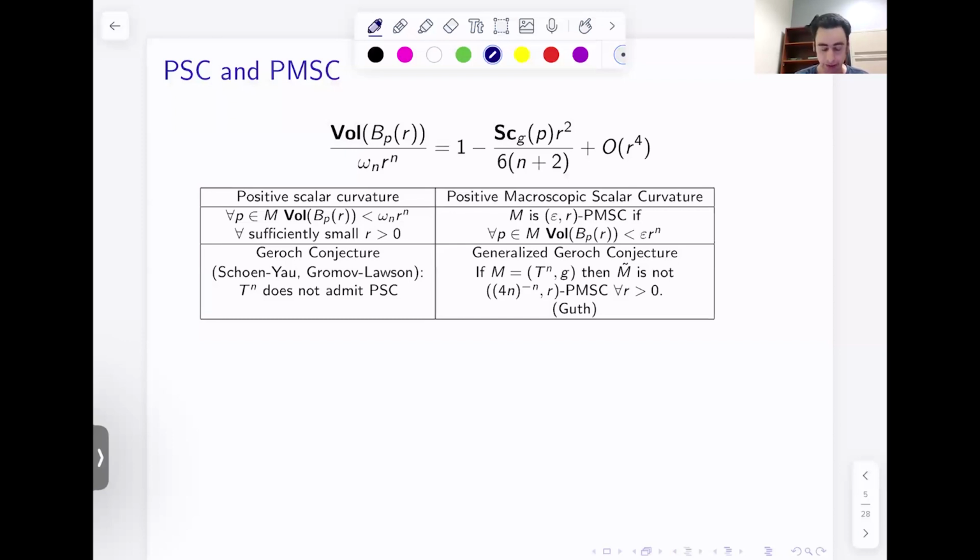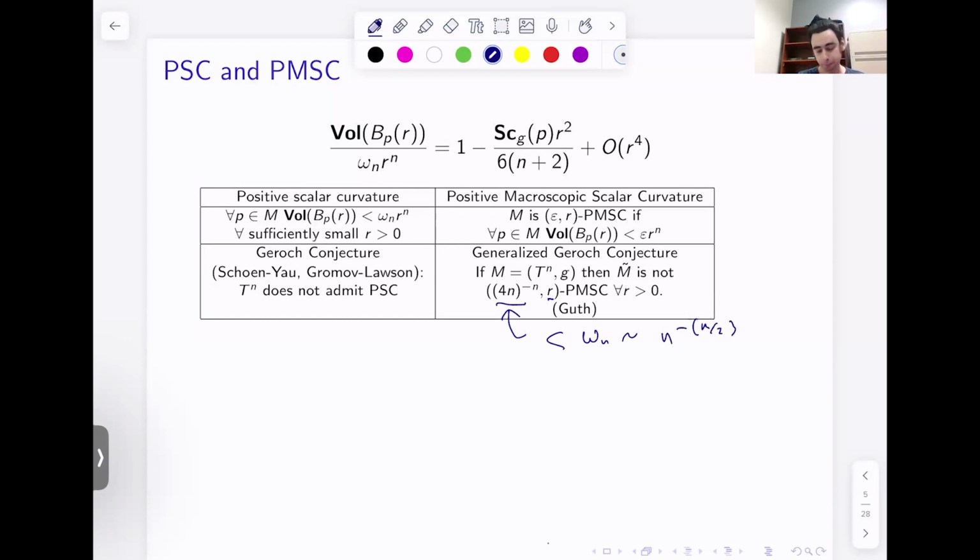If you have a torus with any Riemannian metric, then the universal cover does not admit positive macroscopic scalar curvature at scale r with a constant n to the power minus n, a certain constant that's smaller than the volume of the Euclidean ball, which is something like n to the power minus n over 2.